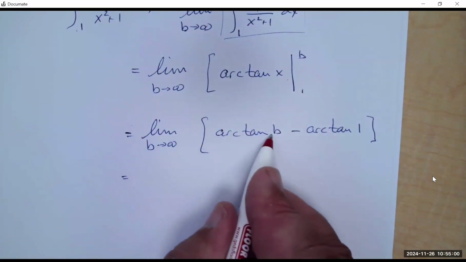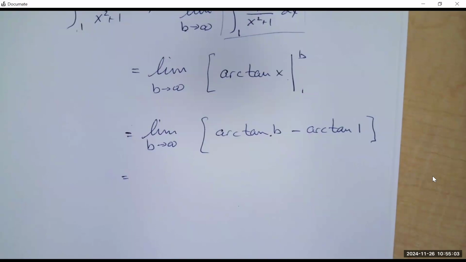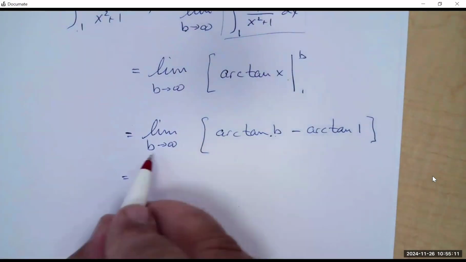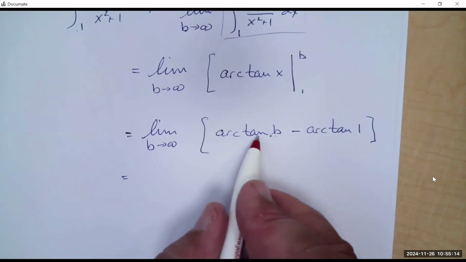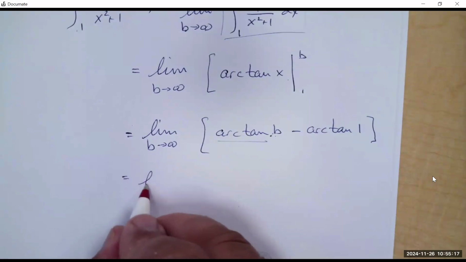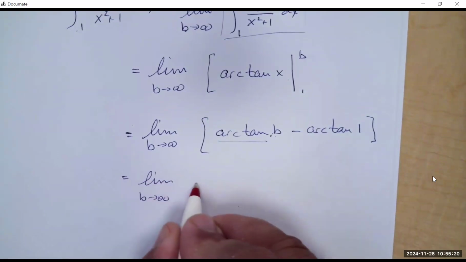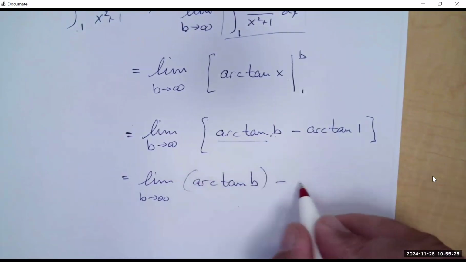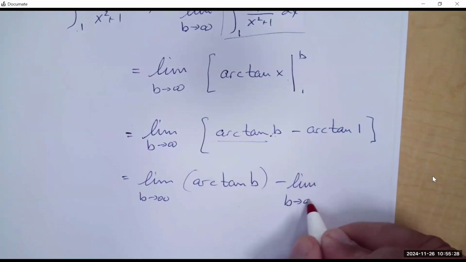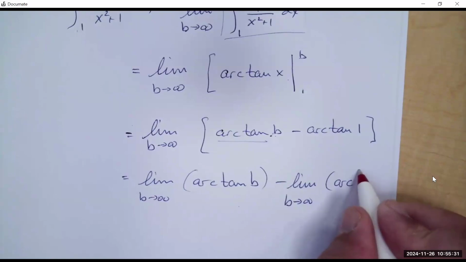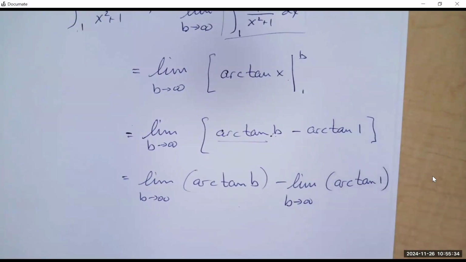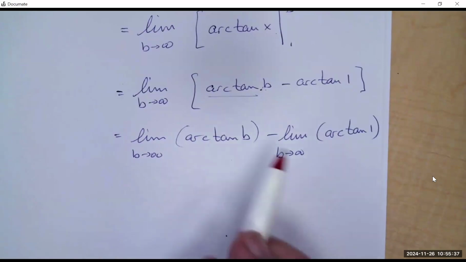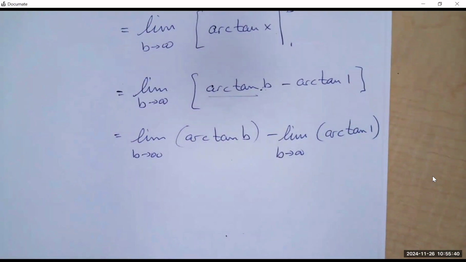Now, as b goes to infinity, what does the graph of the arctangent look like? So we have the limit as b goes to infinity of arctangent b minus arctangent 1. It's like the inverse function.